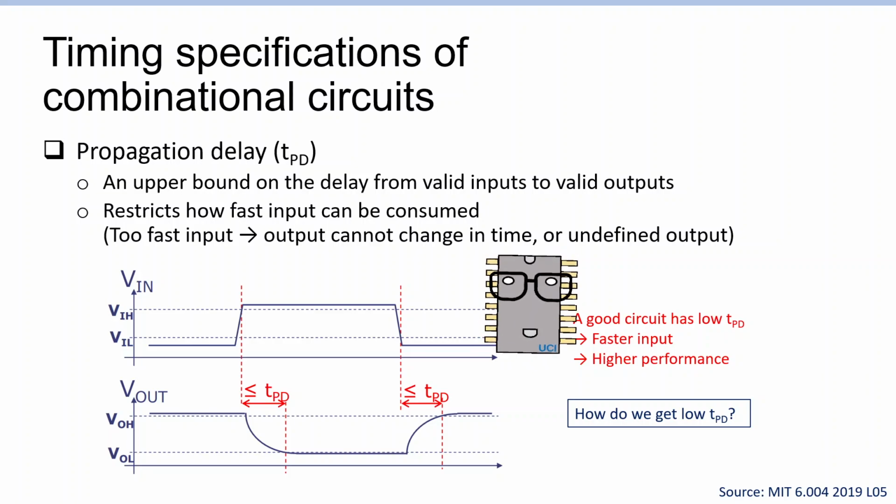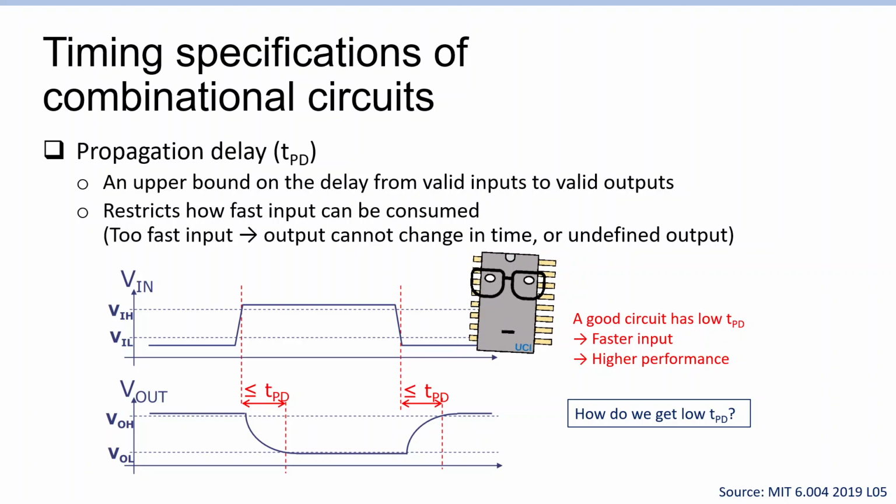Before the propagation delay has passed and the output becomes stable, the output of the circuit has not been computed yet. So we can only insert the next set of inputs to the combinational circuit after the propagation delay of the circuit has passed, right?